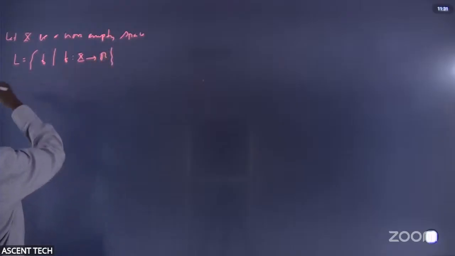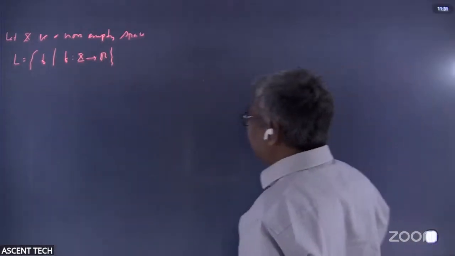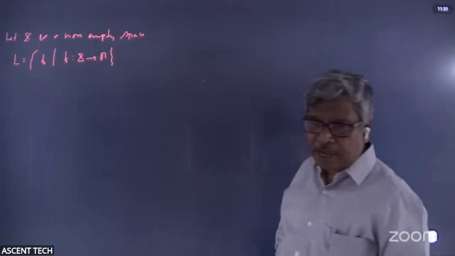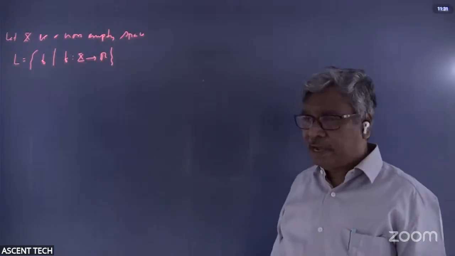If it has to be in C, that's another story. You look at all the real valued functions defined on X. You can easily see that L has some simple properties. If I add two functions, it is meaningful.